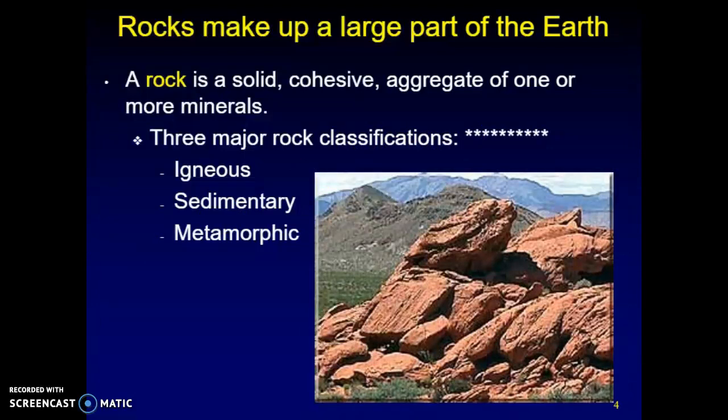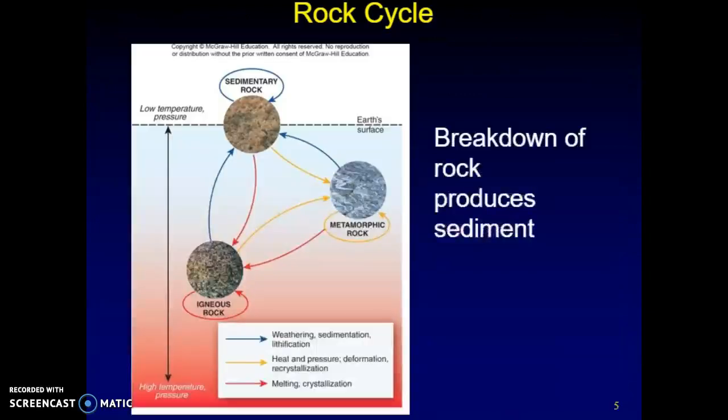To look at what makes rock and what happens to rocks, we'll take a brief look at the rock cycle. Rocks change shape, form, and composition based on temperature and pressure. Those are the two key variables that determine the rock's composition. If you change the temperature or the pressure the rock experiences, it changes the rock's nature, the formation or the type of rock that you have. The breaking down of rock ultimately produces sediment.